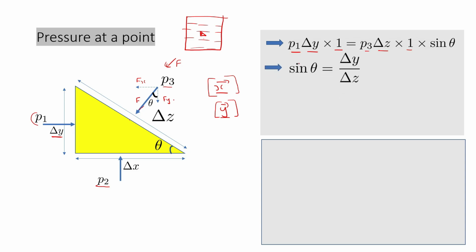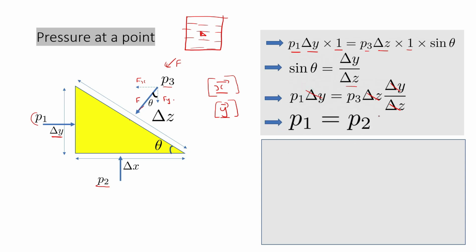And sine theta is equal to delta y by delta z, that is trigonometry. So we can write P1 into delta y is equal to P3 into delta z into delta y by delta z. So delta z will be cancelled off and delta y will be cancelled off. That means P1 is equal to P3.